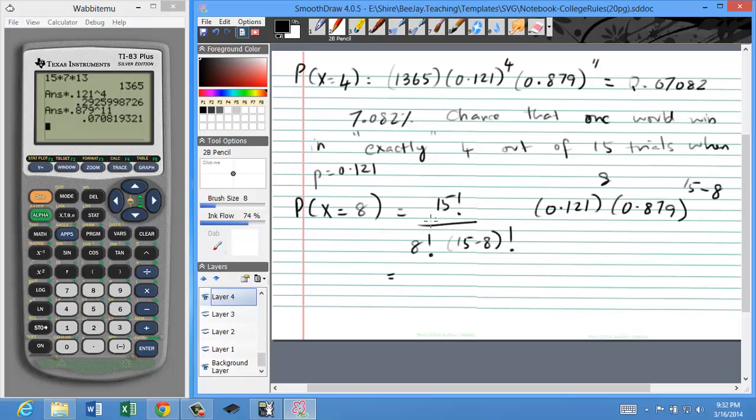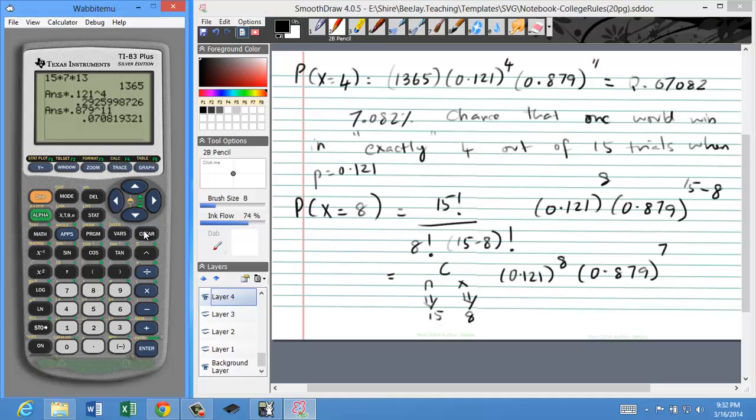So there has to be an easier way to find that. That is nothing but n choose x, where n is 15 and x is 8, times 0.121 raised to 8 times 0.879 raised to 7.